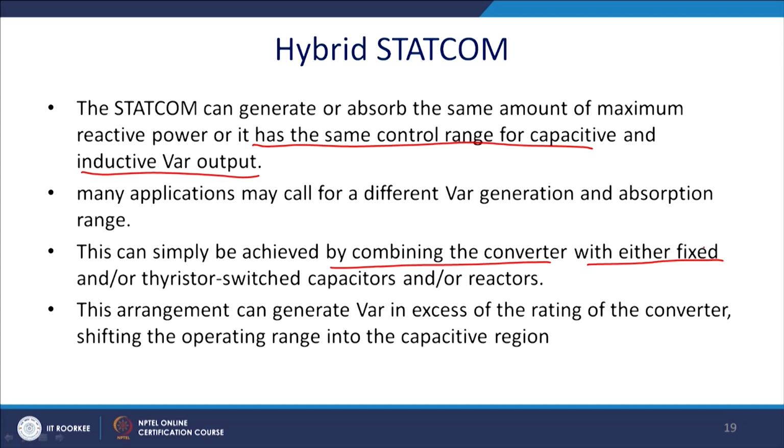So, it can simply be achieved by combining the converter with either a fixed or a thyristor switched capacitor or reactor. So, it is a combination of the Statcom and the SVC. For this it is called the hybrid Statcom. This arrangement can generate excess VAR over the rating of the converter, shifting the operating point into the capacitive region.